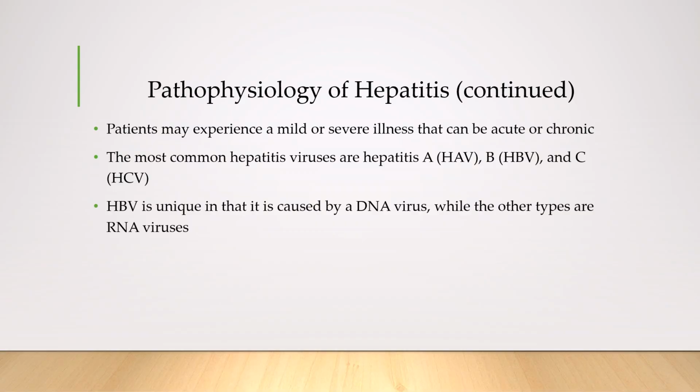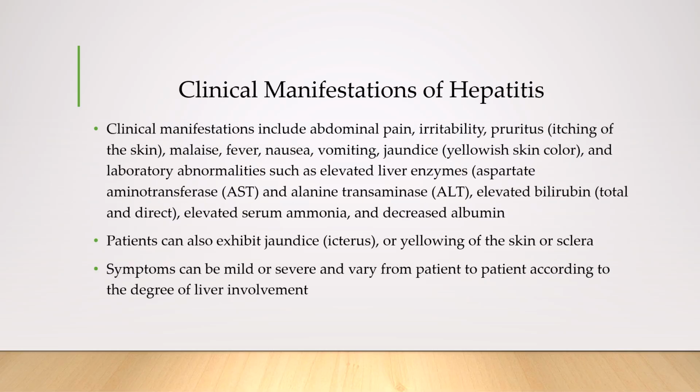Patients may experience a mild or severe illness that can be acute or chronic. The most common hepatitis viruses are hepatitis A, B, and C. Hepatitis B is unique in that it is caused by a DNA virus, while the other types are RNA viruses.